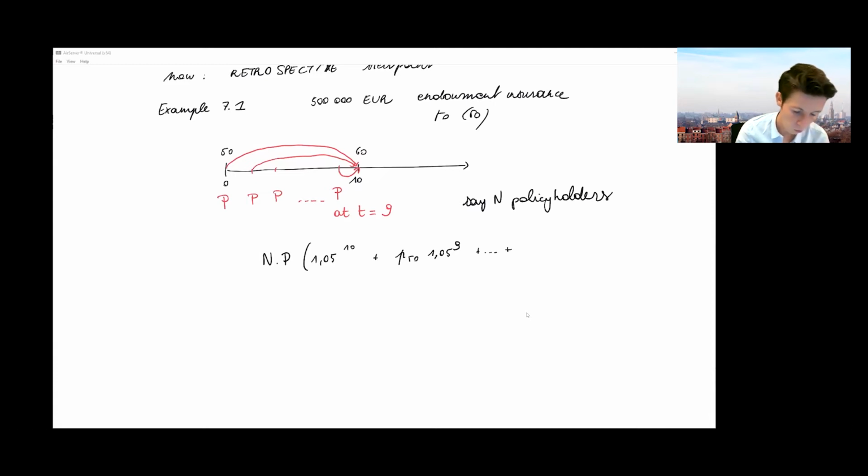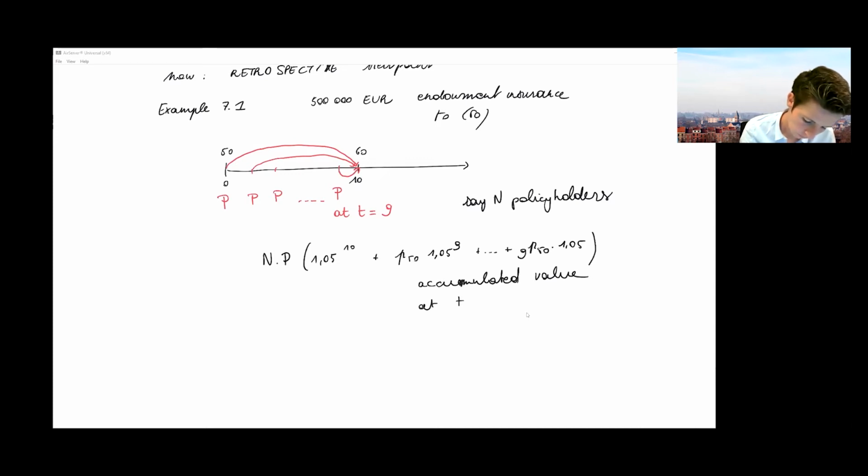And for the premiums that I receive at time 9, I've got 9p50 multiplied with the 1-year interest factor, and that is the following amount. So this is the actuarial accumulated value at time 10 of the premiums.